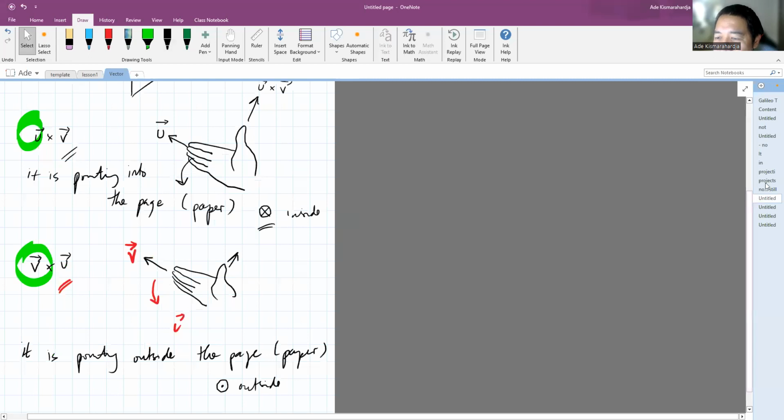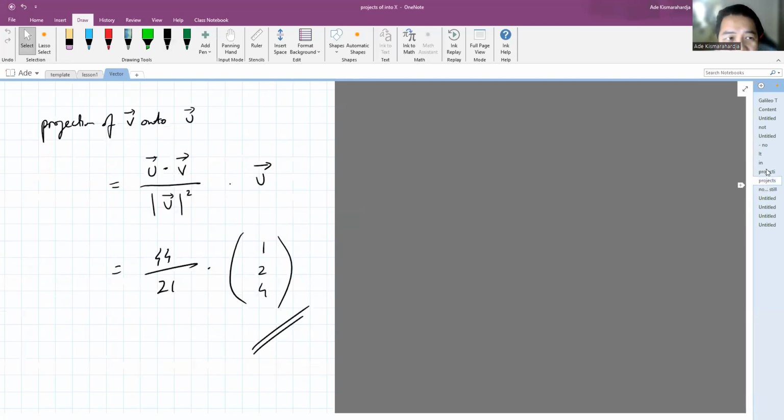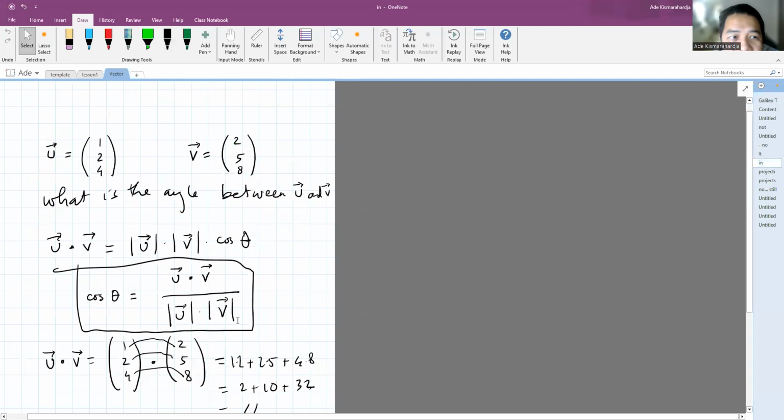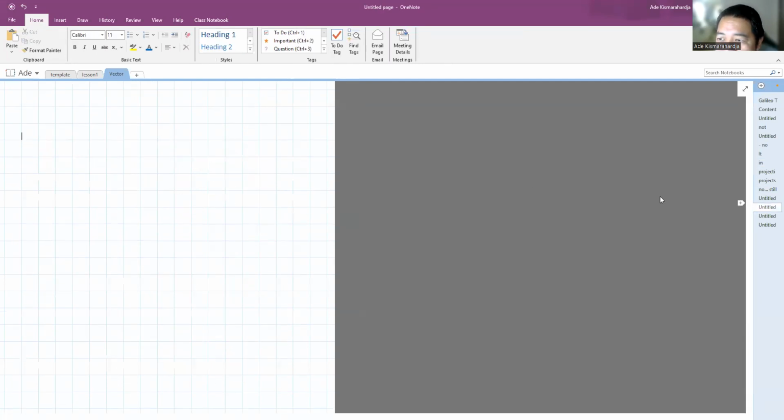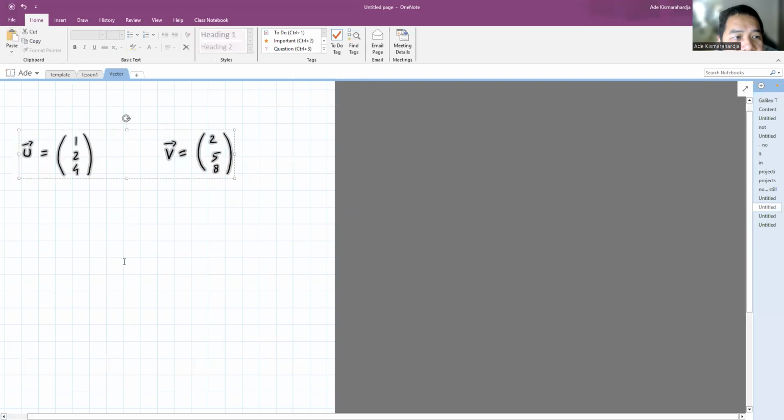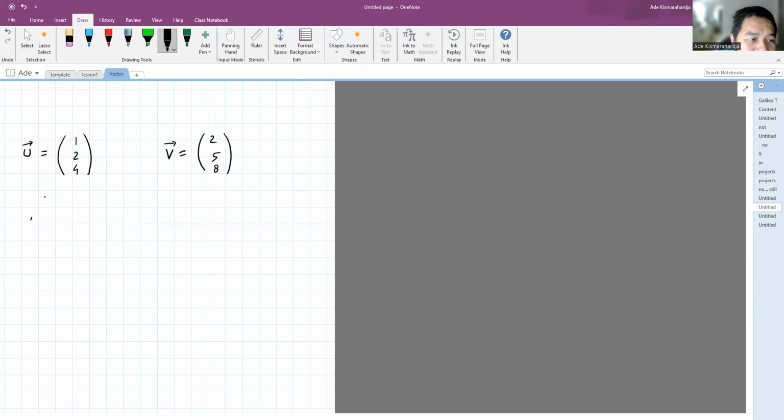So let's now use an example. Let's suppose I have the same vectors u, v here, and I want to do now the cross product between them. So what is now u cross v?